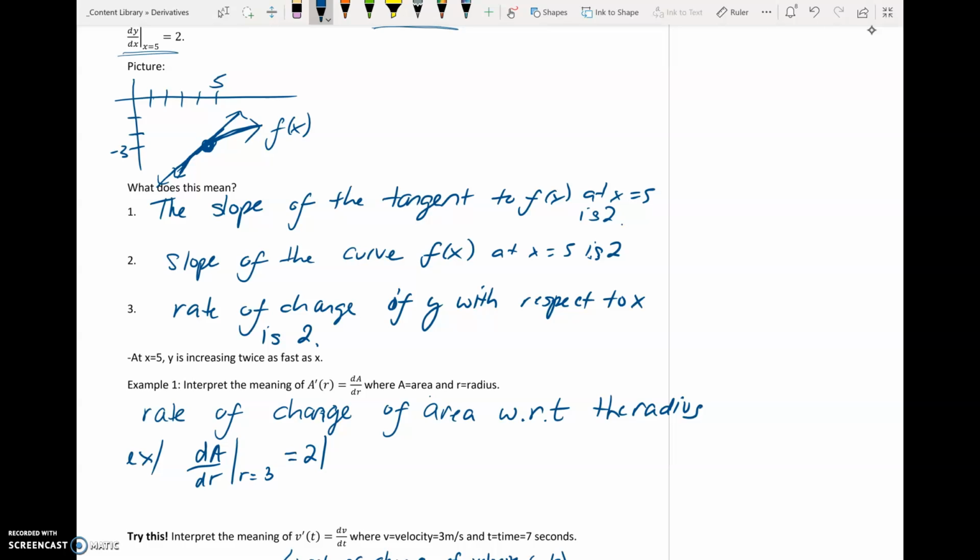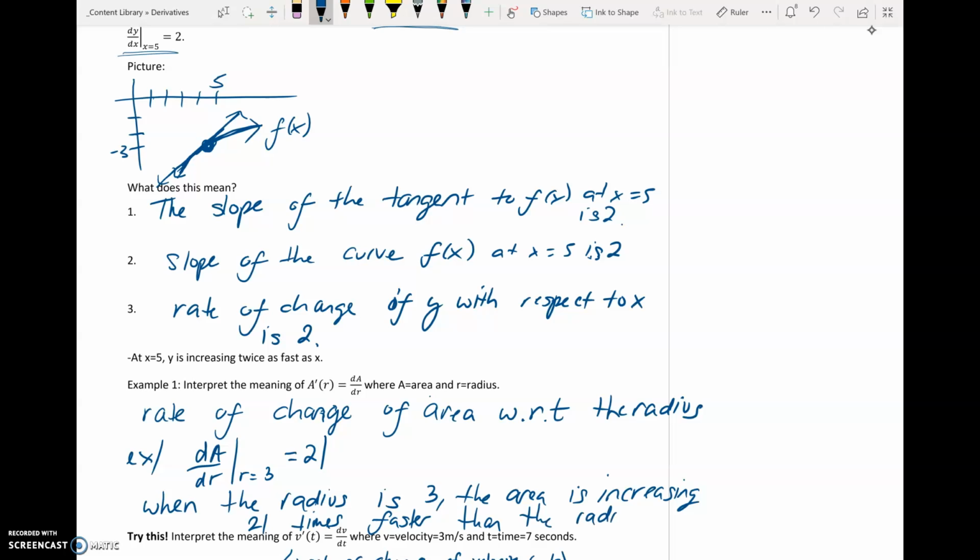In other words, when the radius is 3, the area is increasing 21 times faster than the radius. Remember, this gives us the rate of change. Now try the one below, and when you're ready, reveal the answer.